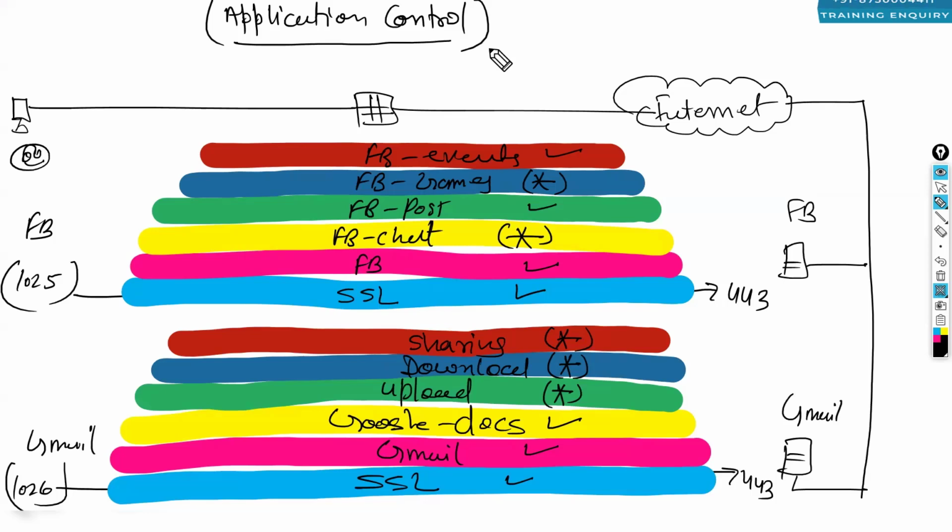Now you can also ask, in application control, what is the meaning of application here? So we can go through it. Actually, this is the client. In this scenario, we have a client and we have one server.